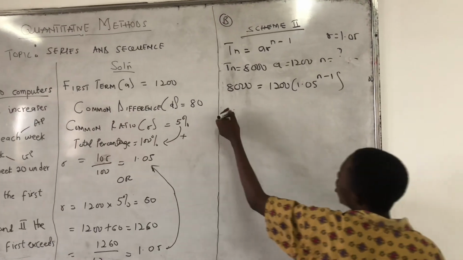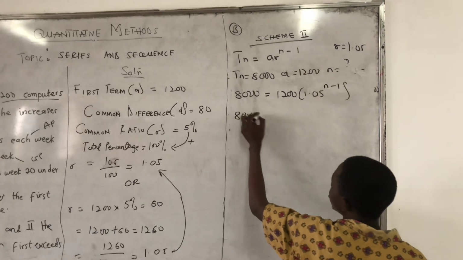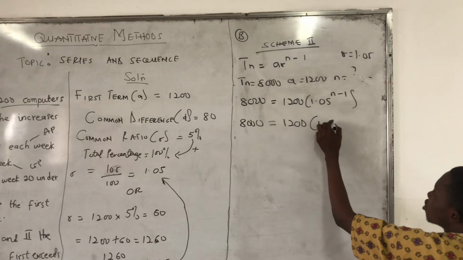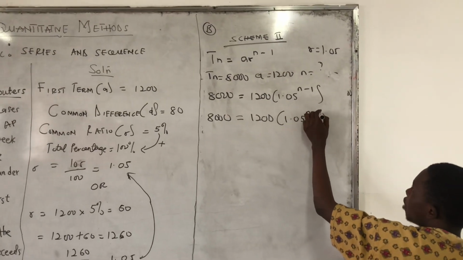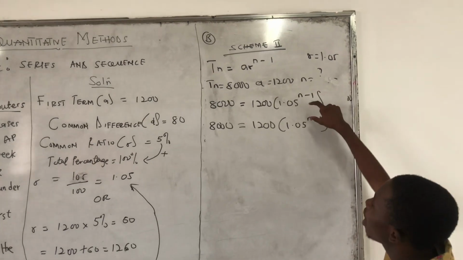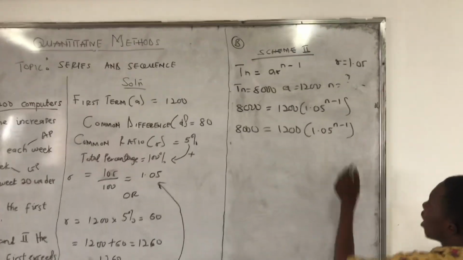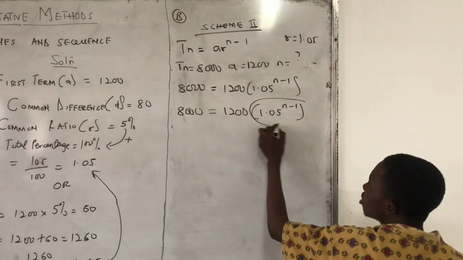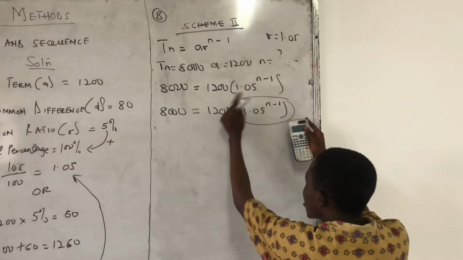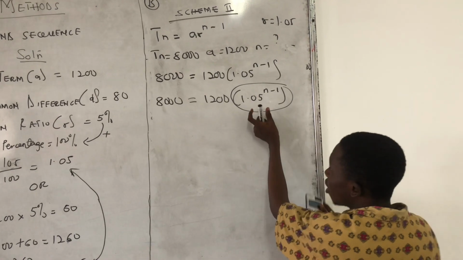So this 8,000 is equal to 1,200 times 1.05 to the power n minus 1. Now, I want to find the n here, but the n is together with this. So I can move this figure to the left hand side.